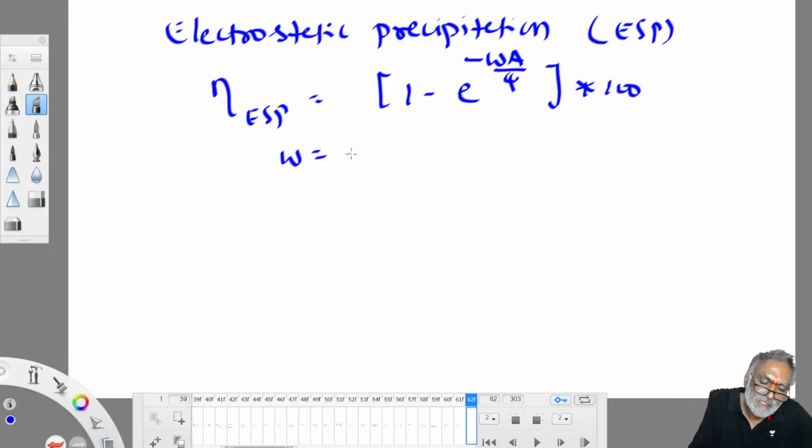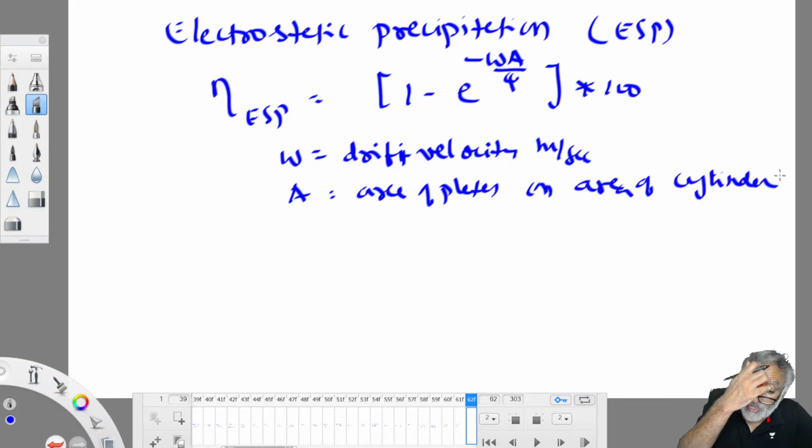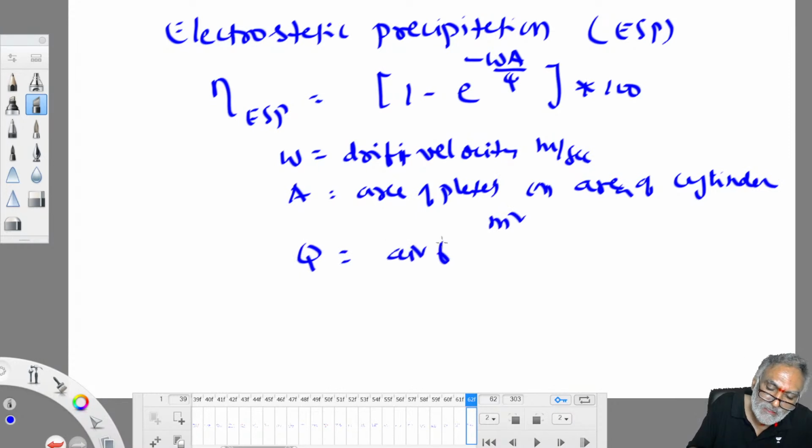In this formula, W is the drift velocity of the particle in meters per second, and A is the area of plates or area of cylinder. For a cylindrical ESP we take the cylinder area; for a parallel plate ESP we take the area of plates, in square meters. Q is the airflow rate in cubic meters per second. From this you can design an electrostatic precipitator.